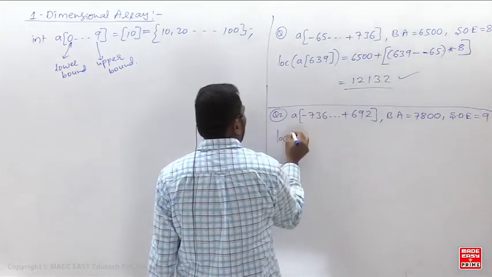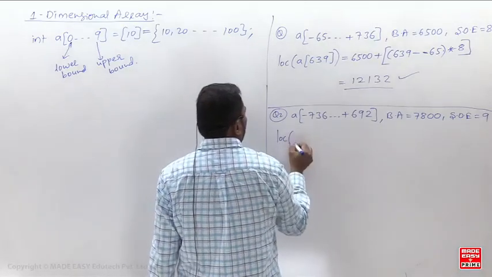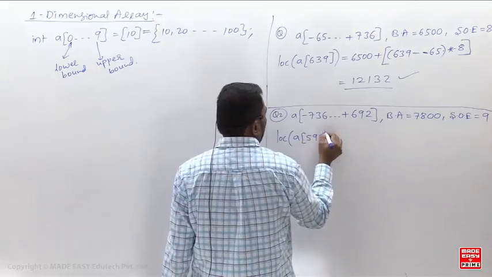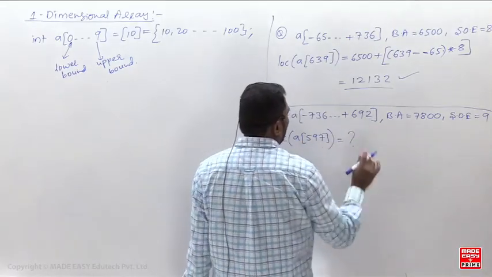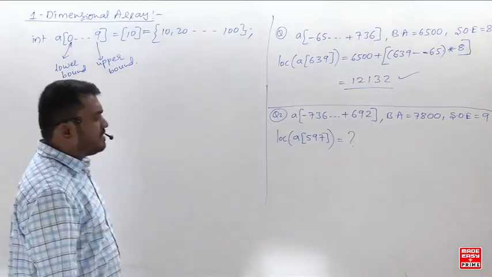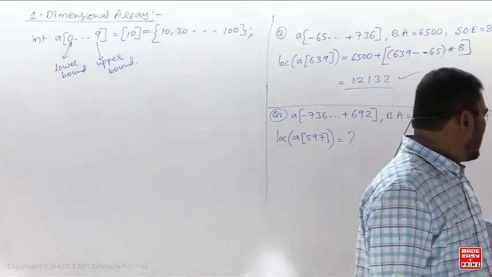I want the location of A of 597. So directly the questions are coming in this manner. Speed up.